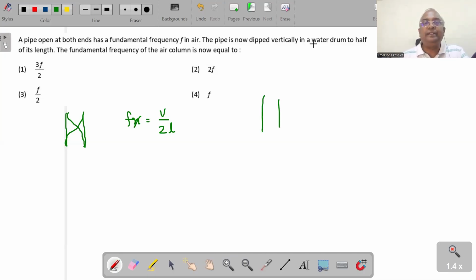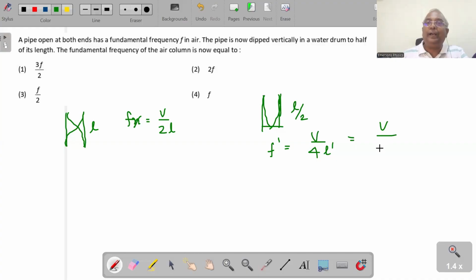So let us take this as L. Now here we have the length L/2. Okay, half the length. The fundamental frequency of the air column now, we know the formula. In this case, let it be f dash, equal to V by 4L, but instead of L we put L dash. So V by 4L dash, with L dash being L/2, gives 2 times, so f dash is also equal to V by 2L.